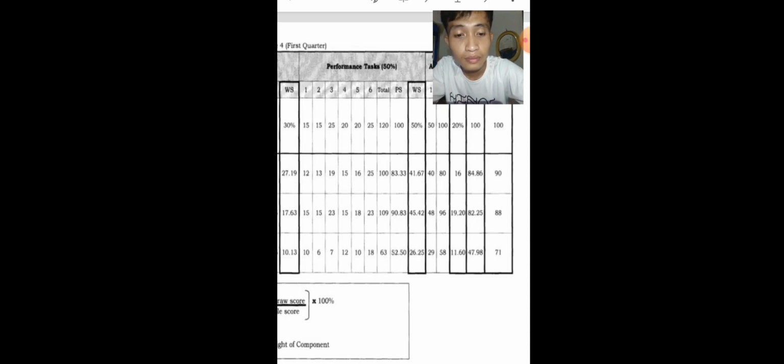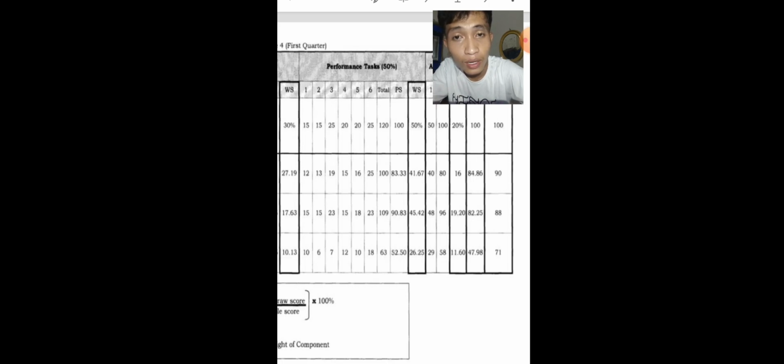Then we got 0.9083. Then we multiply it to the percentage score, which is 100. Then we got 90.83. So learner C got 63 points.